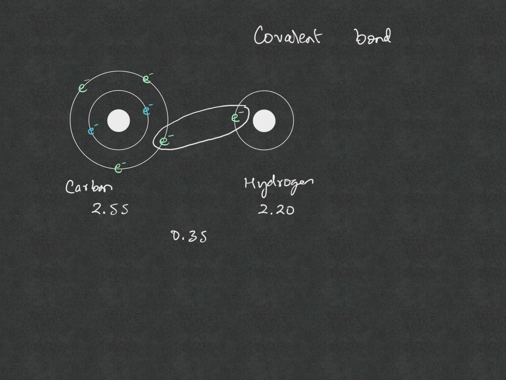By sharing, what does an atom gain? This carbon atom now has 5 instead of 4 valence electrons because it gets to count this as its own. But the hydrogen atom also gets to count this electron as one of its own. So now hydrogen is happy and so is carbon.